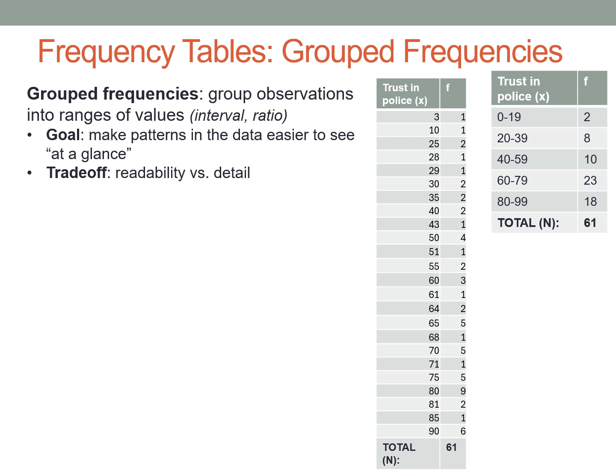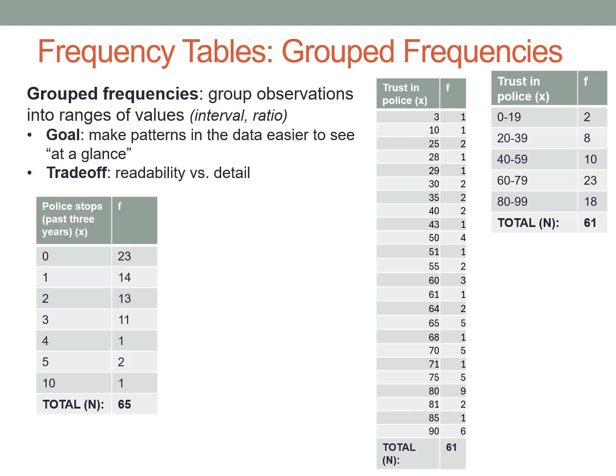Only 2 students had answers between 0 and 19. 8 students had answers between 20 and 39. The most common range was between 60 and 79, followed by 80 and 99. So at a glance, I can see that on balance, students in this class tend to have relatively high levels of trust in police. So that's an example where it's useful.